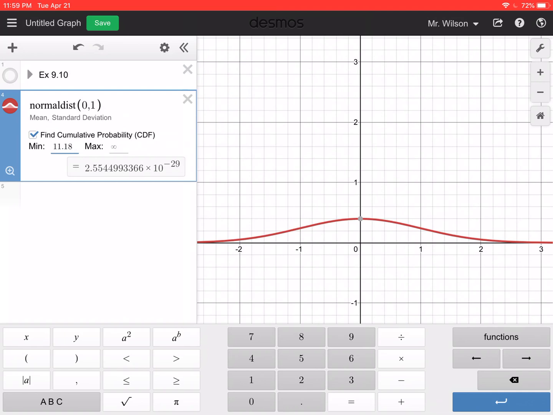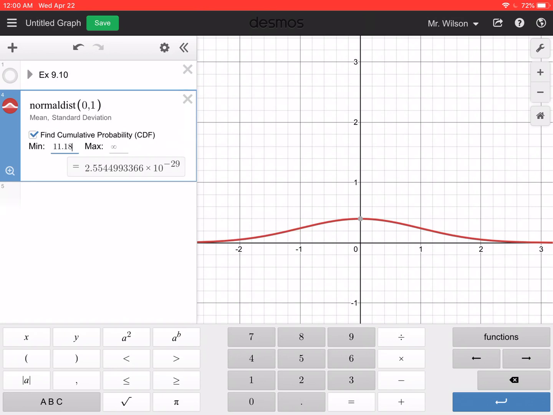You can see on the curve that you can't even see it anymore, right? But if you look at the value, we're at 2.55 times 10 to the negative 29th power. This is an incredibly small number. It's 0 point and then 28 zeros and then 255 approximately.